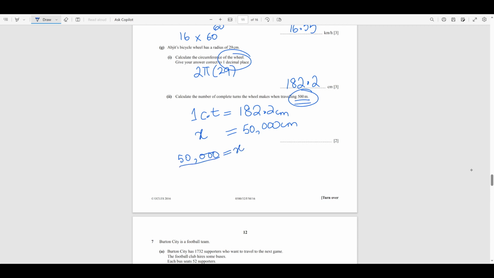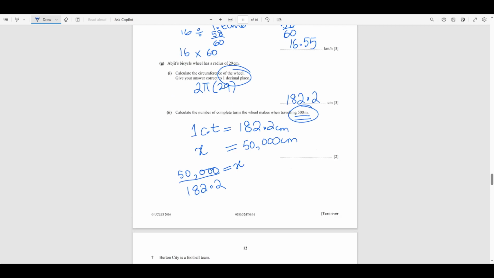So it's multiplying, so we will divide. 50,000 divided by 182.2 is basically 274.4, but because we're interested in the number of complete turns, we always need to round it off backwards. So it's 274 complete turns, and then the 275th turn is yet to be completed.